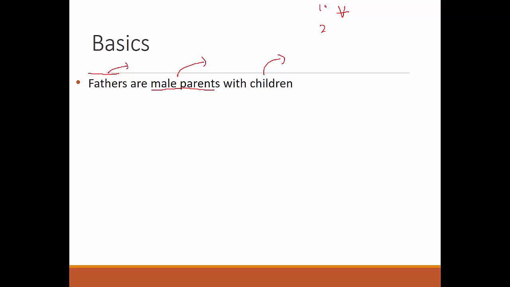Number 2, we have to represent X is a father. Then third, X is a male parent. Then 4, X has children.